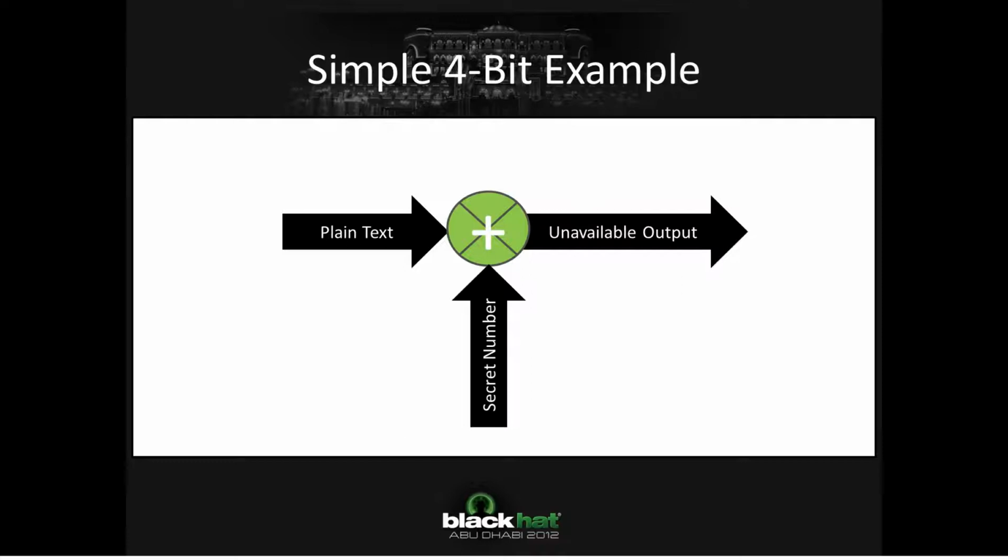In the crypto operations, the output could go on to other stages, or it could be physically not available to us. In this case, I'm just saying you can't read the output. All you can do to figure out the secret is input data and measure the power.